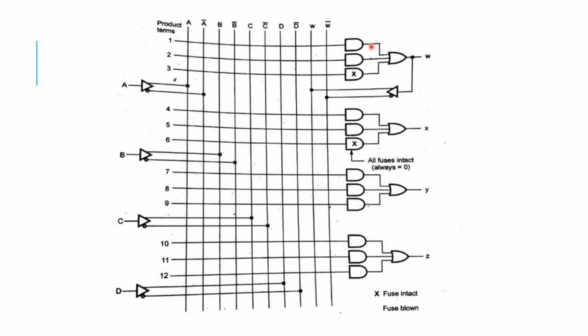In this structure, each input has a buffer inverter gate and each output is generated by a fixed OR gate. There are 4 sections in the unit, each composed of a 3-wide AND-OR array.